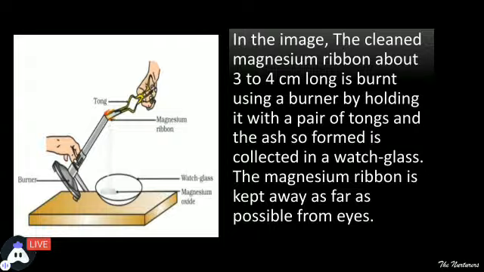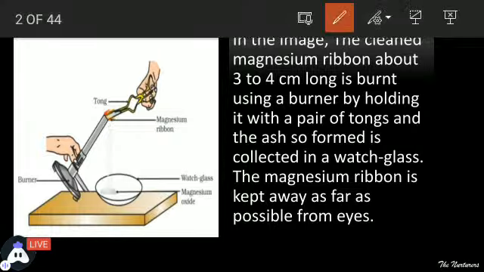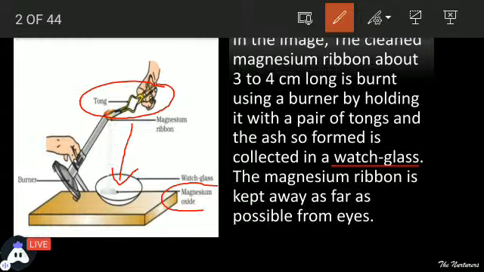The magnesium ribbon is kept away as far as possible from the eye. So this is the setup in which magnesium ribbon is getting burned, and these are the pair of tongs. When magnesium ribbon is burned, the ash is collected in the watch glass, and the ash collected, as mentioned in the figure, is magnesium oxide.